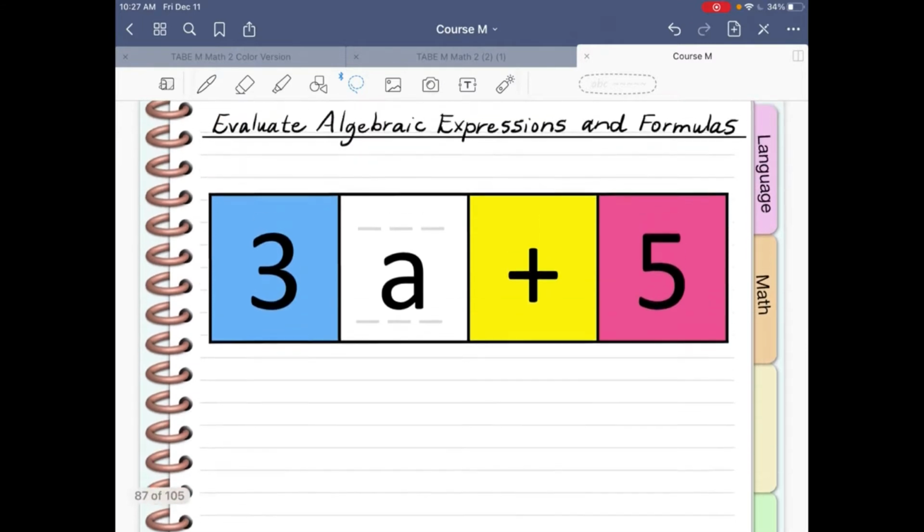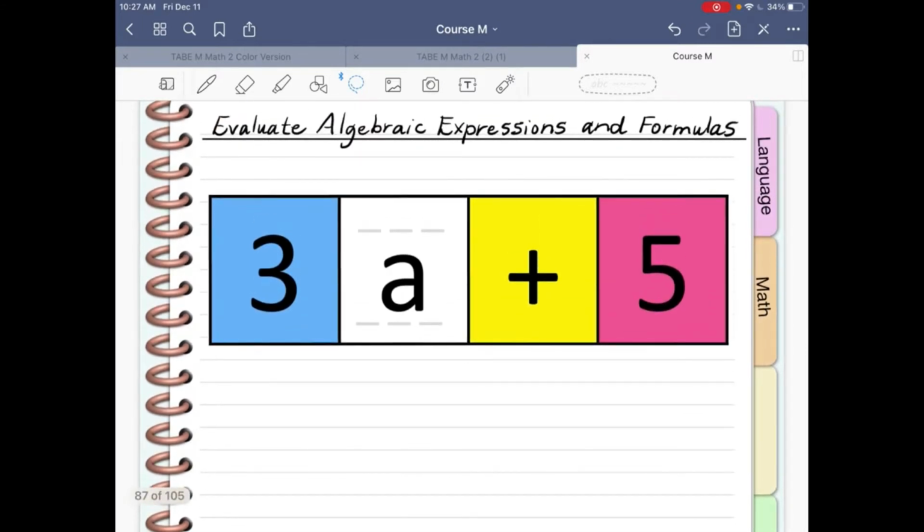Okay, the first thing I want to do is to go through the pieces. Let's do our vocabulary. So we have a variable right here. Once you stick this piece down, remember this A piece will not be stuck down. This is the one section that does not get glue. Once you glue these pieces down though, let's label these terms.